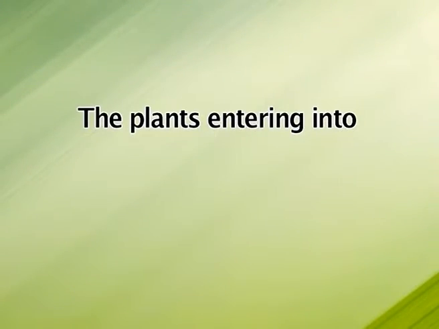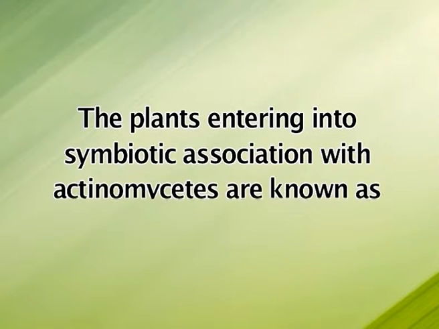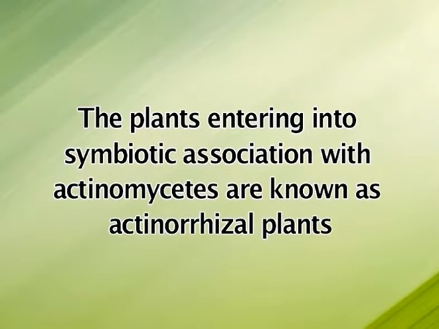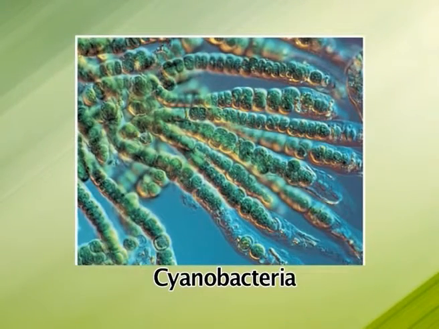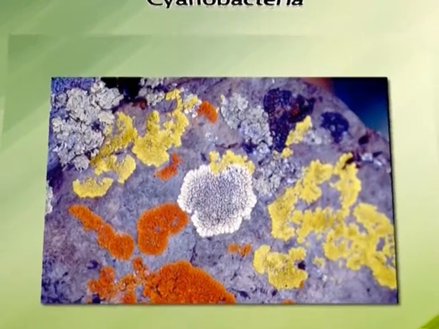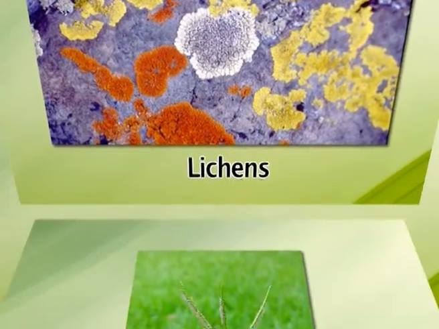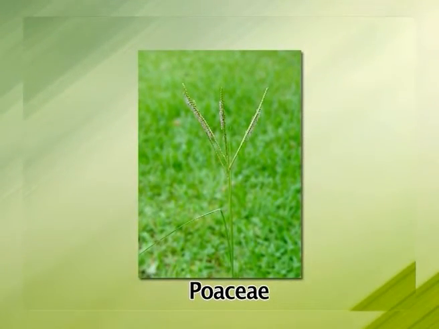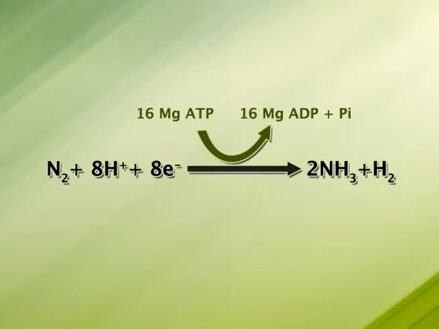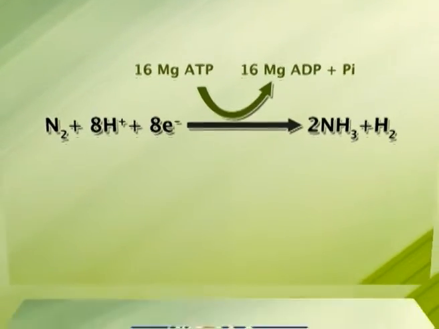The plants entering into symbiotic association with actinomycetes are known as actinorhizal plants. Cyanobacteria form a symbiotic nitrogen-fixing association with fungi in lichens, while Paspalum notatum from Poaceae encourages associative nitrogen fixation.